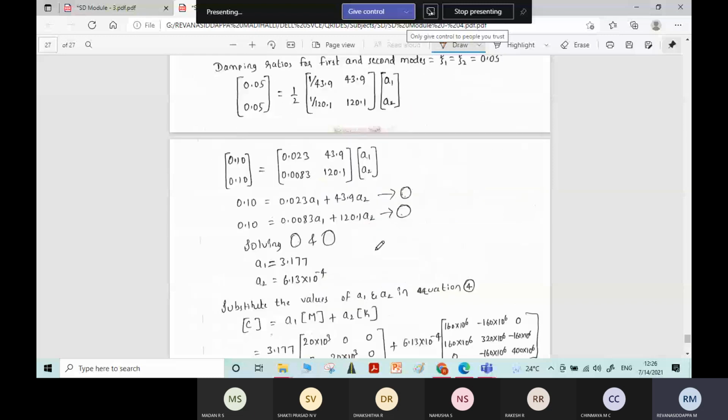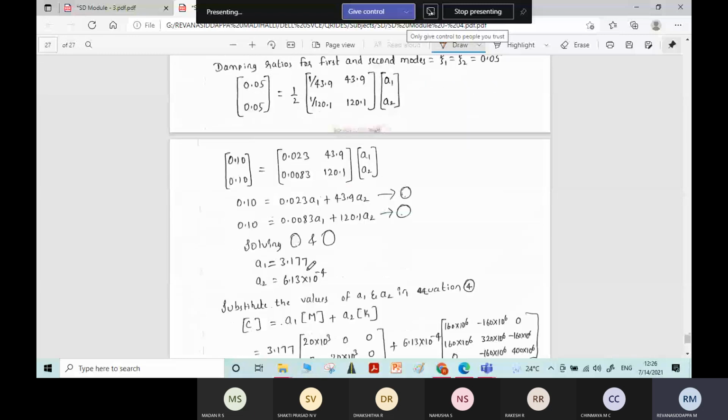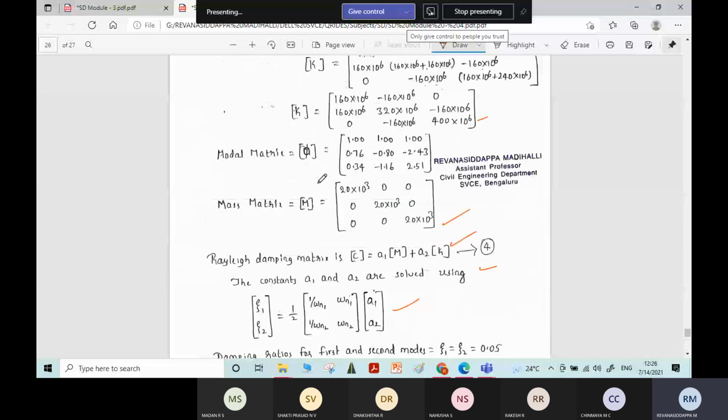Solving both equations, you will get A1 and A2. After getting A1 and A2, you substitute them in this equation along with the mass matrix and stiffness matrix, and you will get the damping matrix.